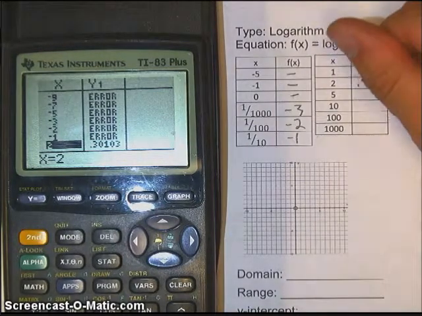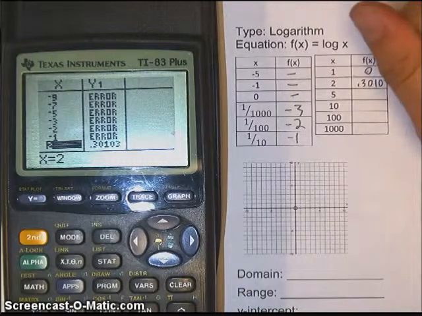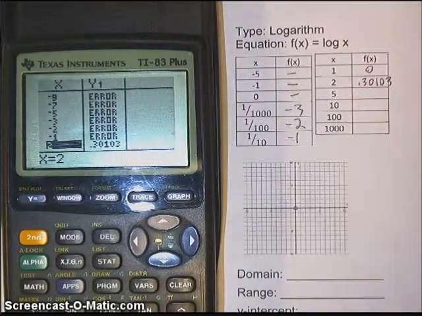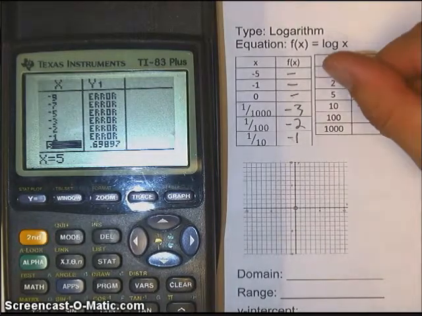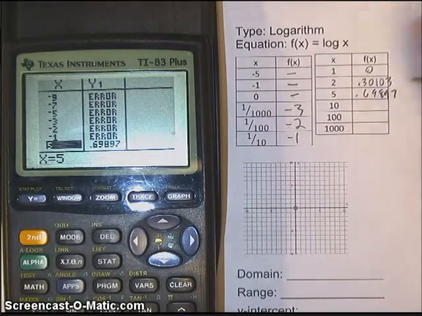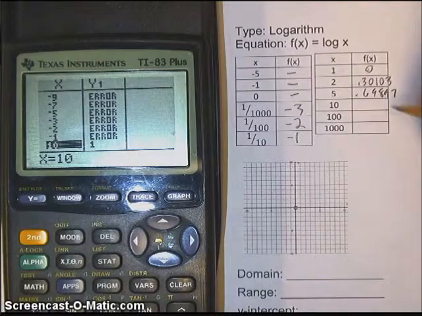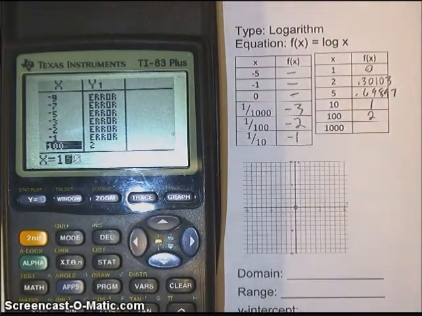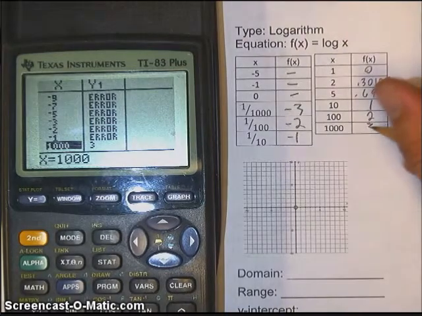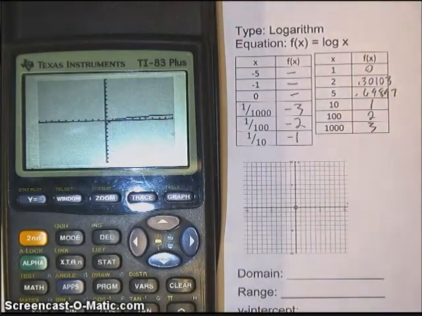That's the decimal 0.30103. It's an approximation. It's not exact, but it's an approximation. What about 5? 0.69897. What about 10? 1. 100? 2. 1,000? 3.